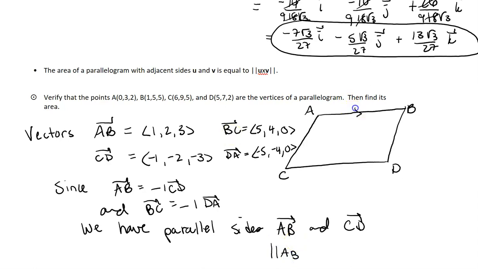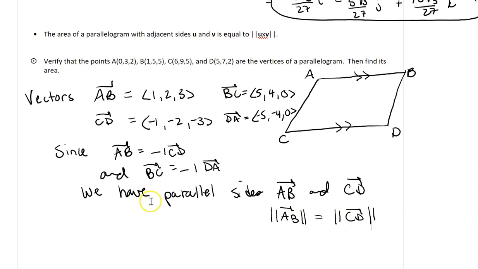So AB is parallel to CD and they have the same size. They're only one difference from each other, so you know they'd have to be equal magnitudes. And we have parallel sides BC and DA, which are also of equal magnitude. So this is a parallelogram.